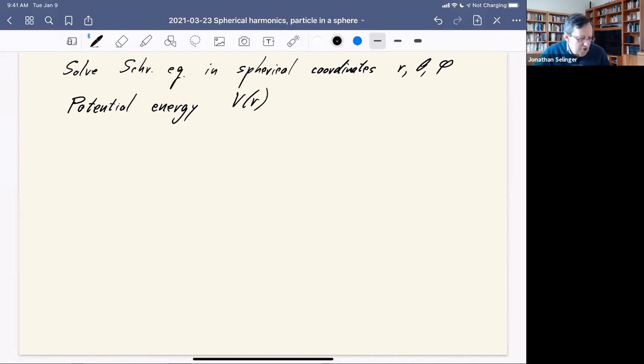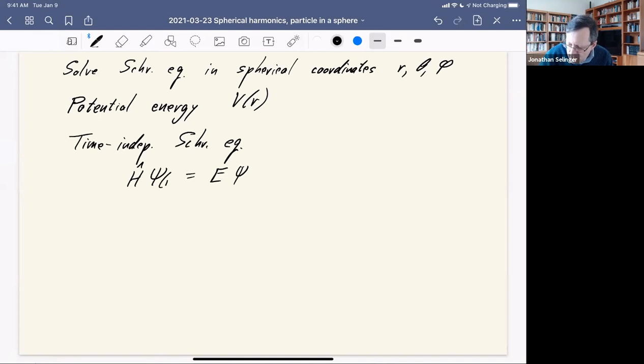Okay, so that means we have the time-independent Schrodinger equation, which says that the Hamiltonian acting on psi is equal to the energy times psi.